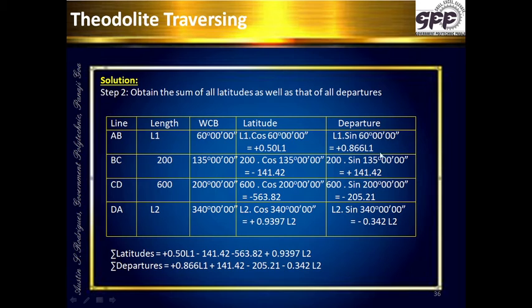Similarly, the sum of departures is 0.866 L1 plus 141.42 minus 205.21 minus 0.342 L2. So we have done the second step, obtaining the sum of latitudes and that of departures.